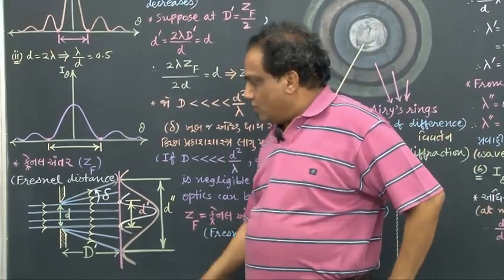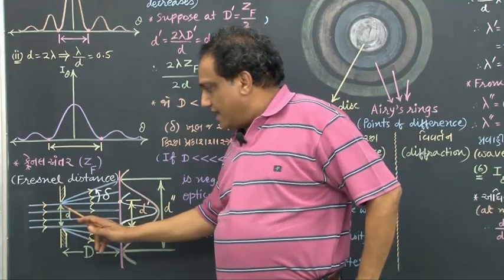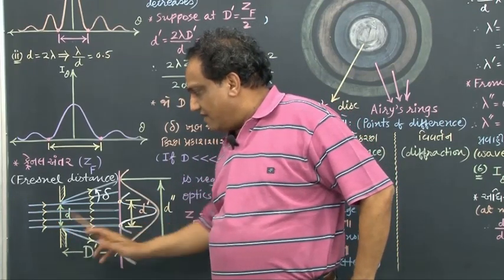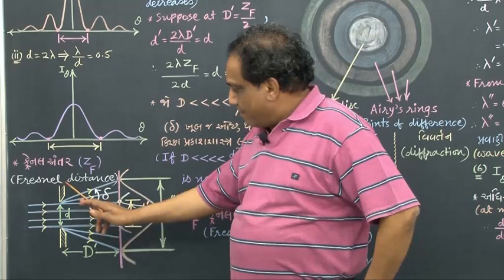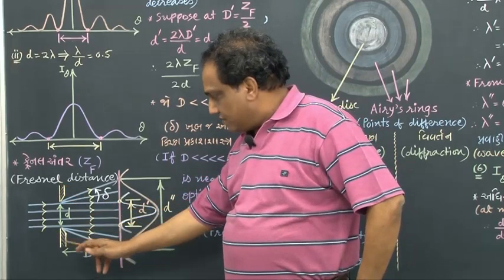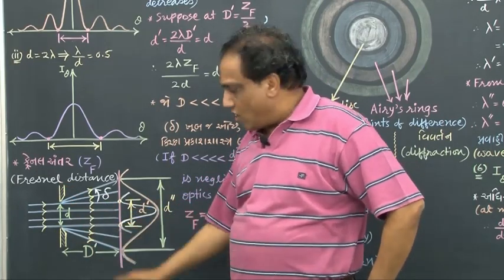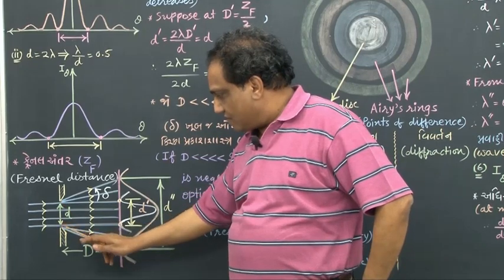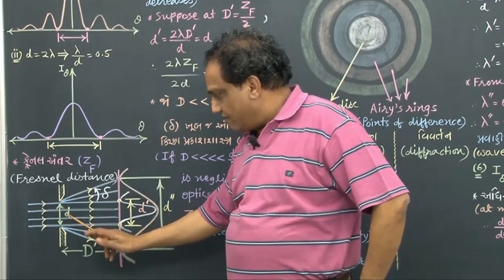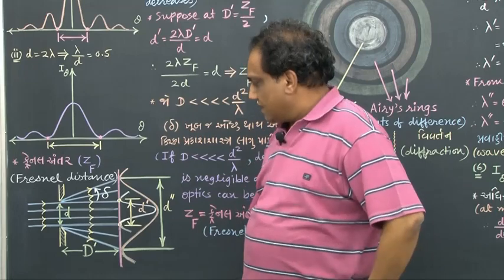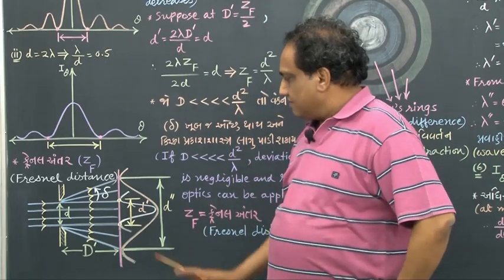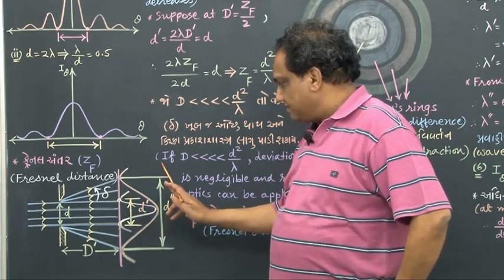First of all, you make parallel light rays having wavelength lambda perpendicularly incident on a slit of width small d. Okay, this much is the width of the slit. Fine. Suppose initially this screen is here, correct?